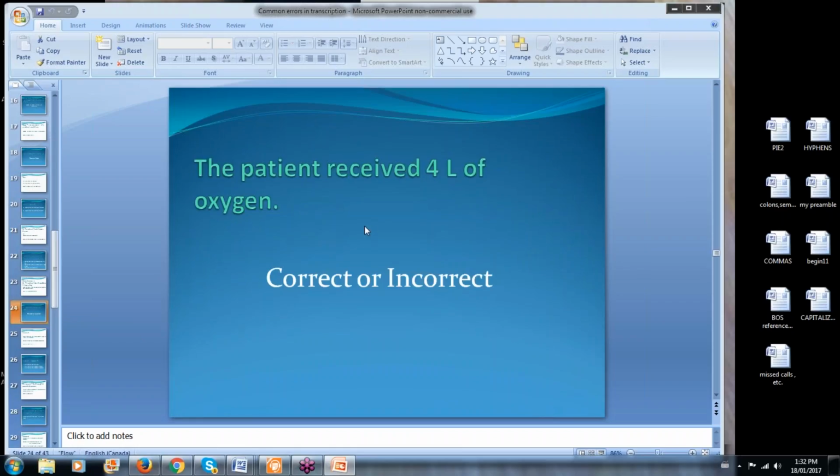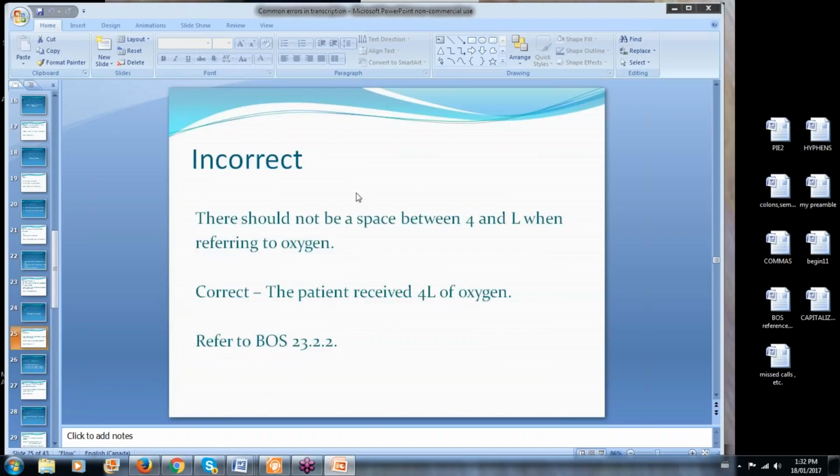Okay, so the patient received 4 liters of oxygen. Some said yes, some said it was correct. It's incorrect. There should not be a space between 4 and L when referring to oxygen. So the correct is the patient received 4L of oxygen. You don't leave a space, but that only applies if they're talking about oxygen.